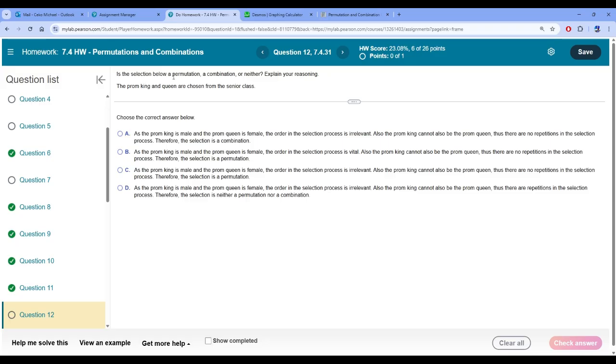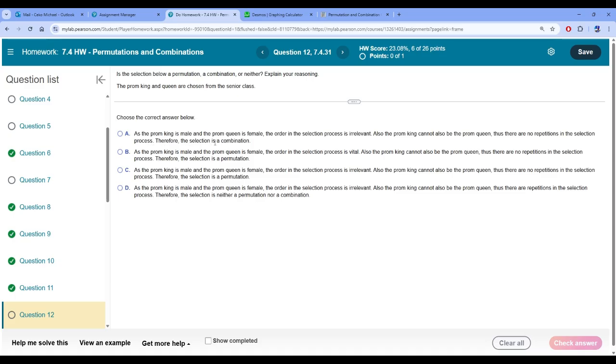Is the selection permutation, combination, or neither? The prom king and queen are chosen from the senior class. Obviously, the prom king is male, the prom queen is female. The order of selection process is irrelevant. The prom king cannot be the prom queen, thus there are no repetitions in the selection process.